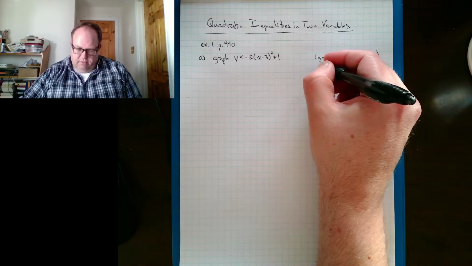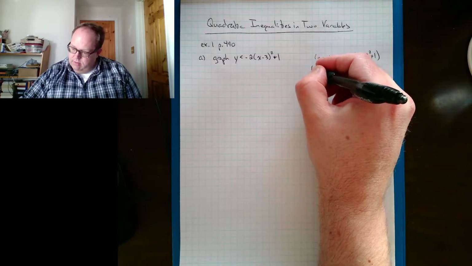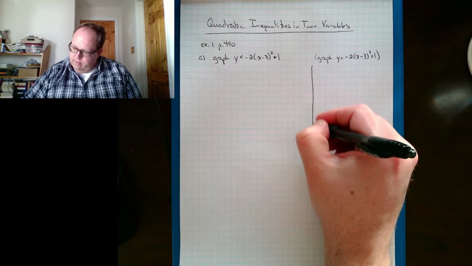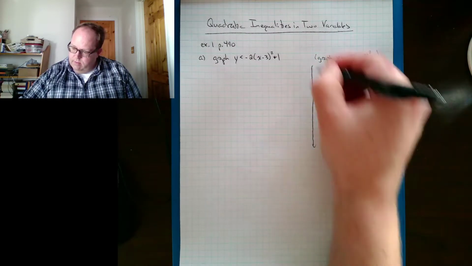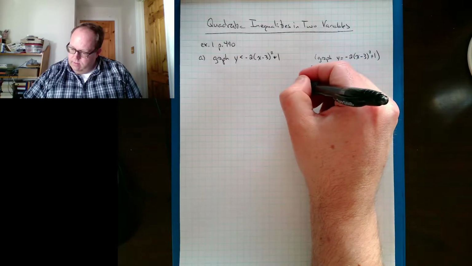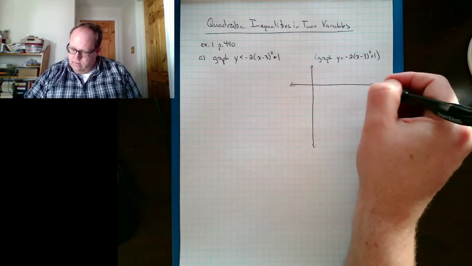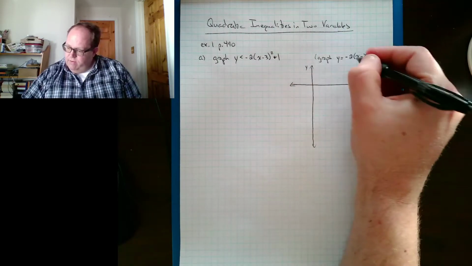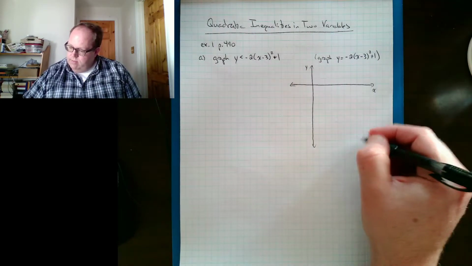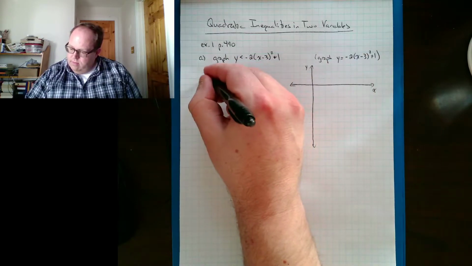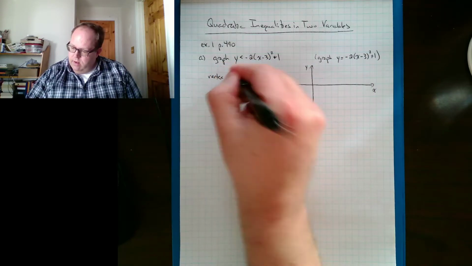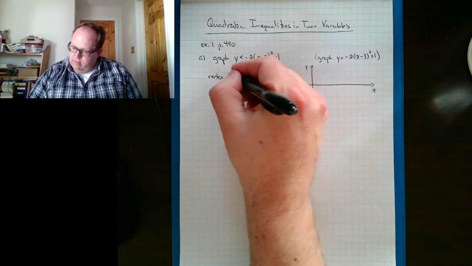important pieces of information would be it has a vertex at 3 and 1.